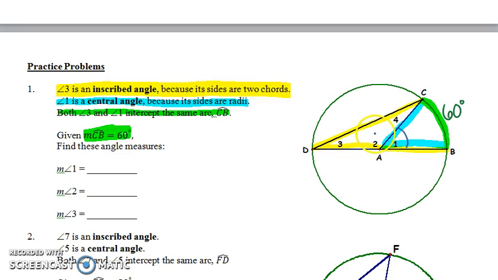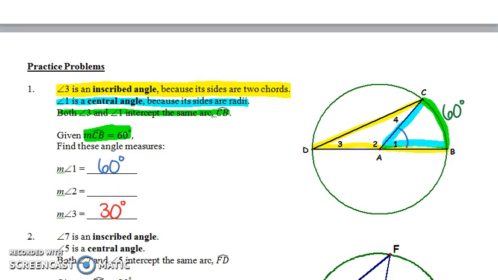So the measurement of angle 1 is also 60 degrees. Then jumping down to angle 3, we know that an inscribed angle measures half of the measure of the intercepted arc. So if arc CB is 60 degrees, the inscribed angle, angle 3, is going to be half of that, which is 30 degrees.